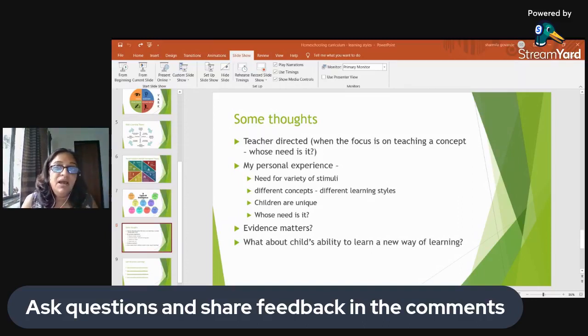And we cannot say, oh no, you are musically inclined, so you have to learn about this concept by listening to songs. No, that's not how it works. The child might want to learn about a particular concept using a different style, or might want a different learning style to be brought in, so that he makes complete sense of something.